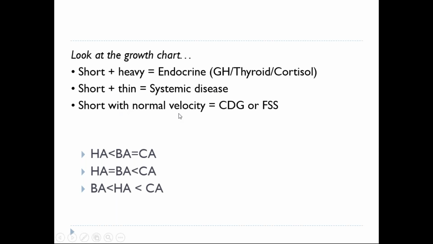If the child is short with normal velocity or a slow velocity, like in your constitutional ones or a normal variant: height age less than bone age and equal to chronological age, height age equal to bone age less than chronological age, and bone age less than height age less than chronological age. So then it is familial, this is constitutional, this is pathological.